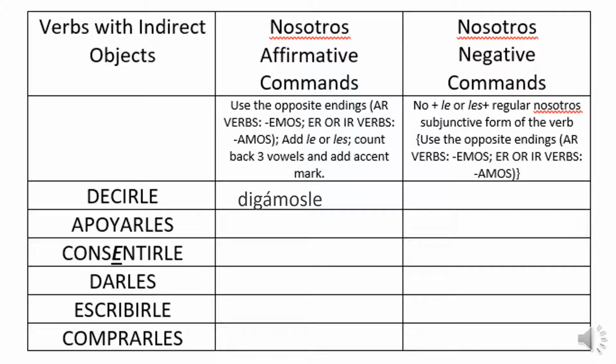If I want to say let's support them, I would say apoyémosles. It's an AR verb, so we use the EMOS ending. Don't drop the S, keep the S. Add les, and then count back 1, 2, 3 vowels and put the accent mark on it.